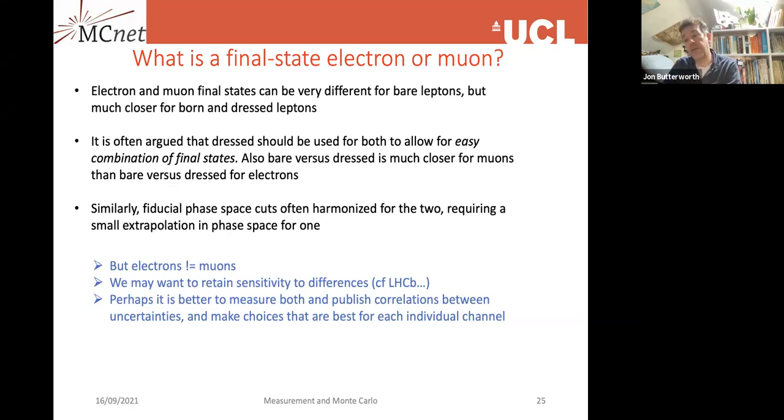If you actually want to produce a combined cross section where you assume lepton universality and combine the electron and muon measurements to give you a W or a Z measurement, then you may have reasons to go back to the bare level, because you know that the FSR is different between electrons and muons. But we know electrons are not equal to muons, and actually if LHCb is right, then they may be rather significantly different in interesting ways. So it's probably better to measure the electron channel, the muon channel, and publish the correlations between them, actually.